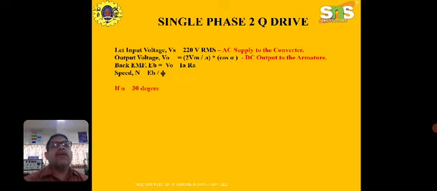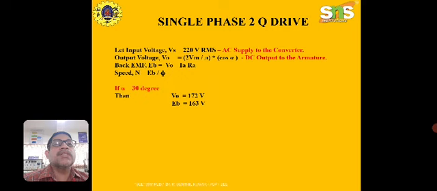If the alpha is 30 degrees, you mean alpha is from 0 to 90 degrees. The output voltage V0 is calculated as 172 volts. The back EMF as per the formula is calculated as 163 volts, with IA 150 amperes and RA 0.05 ohms. And N is equal to 815 RPM.